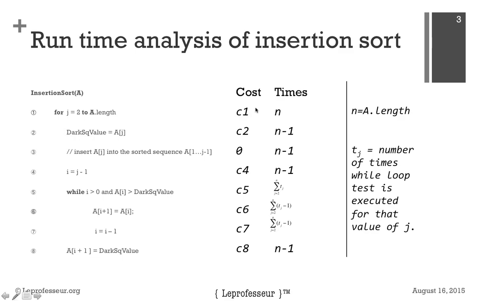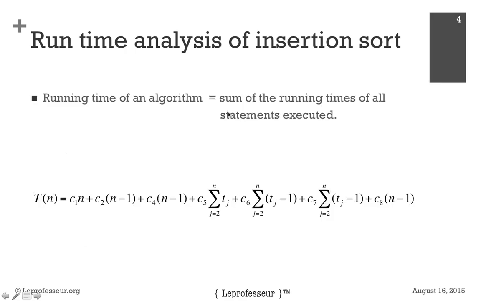So the total cost would be C1 multiplied by n. In the same way, we get the total cost for each statement, and we come up with this expression, C1n plus C2(n minus 1). It's very simple. You just multiply cost with the times. Good. So far so good. Hope you are with me.